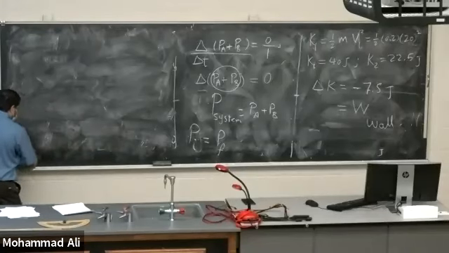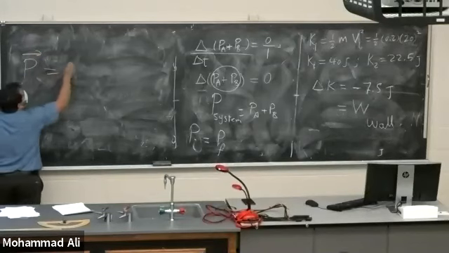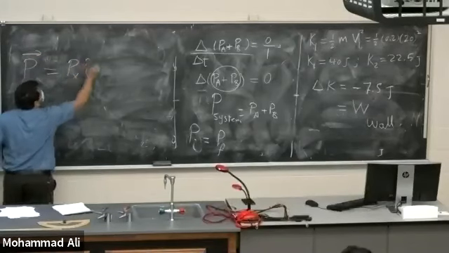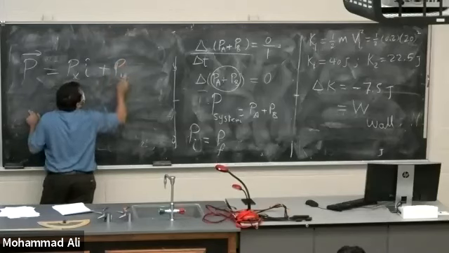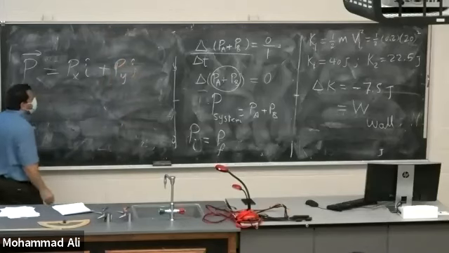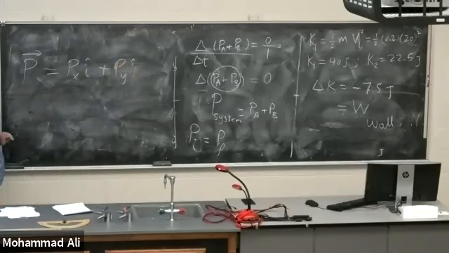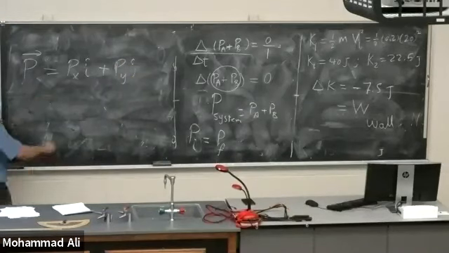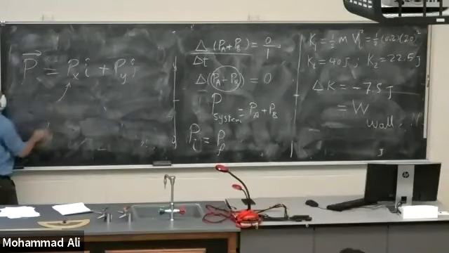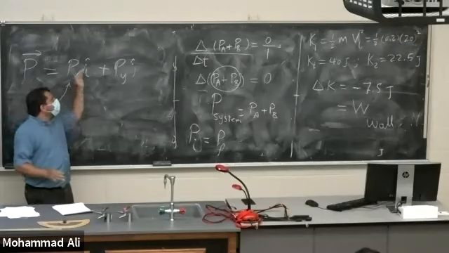A small thing: you know that the momentum is a vector, which is equal to Px i hat plus Py j hat. It is considered, means that Px will not jump.